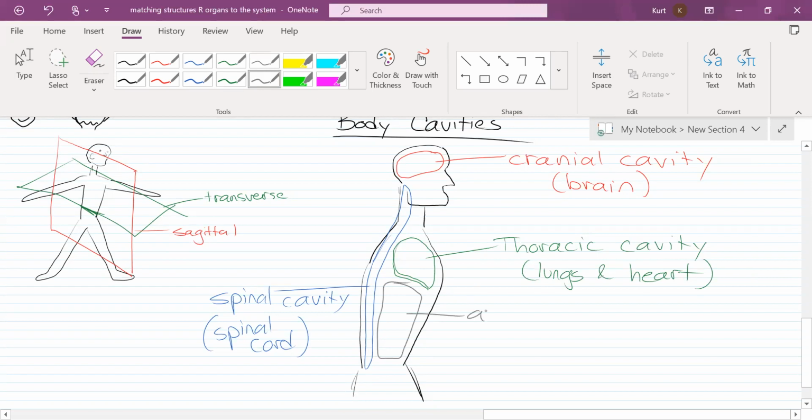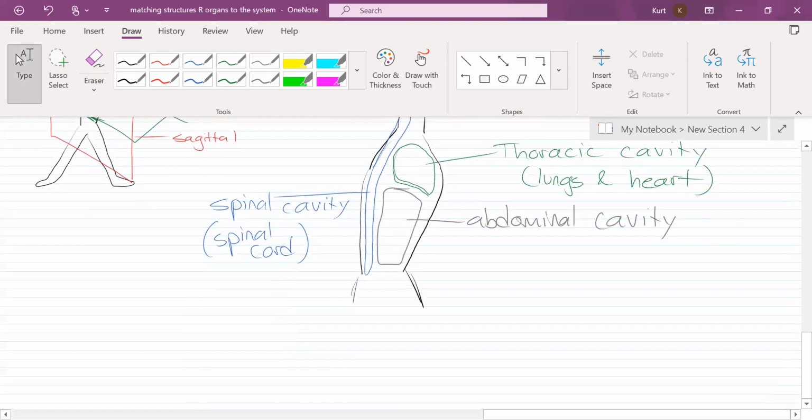we have your abdominal cavity. We're going to have a lot here. What is in your abdominal cavity? Just don't hog them all. Say one. Okay. What else? Which ones? You're hogging them all.